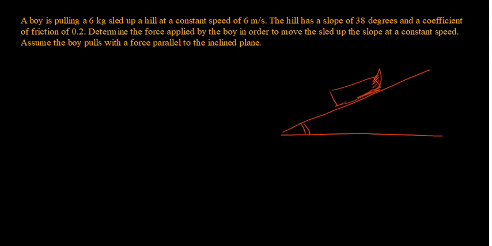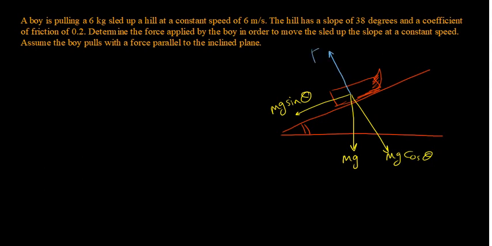Now we know that there are certain forces at the start. Once again, this is the weight: mg cosine theta, and the parallel one, mg sine theta. We have the normal force, which is perpendicular to our surface. And now the boy is pulling up, so this boy is pulling parallel, as we said here.